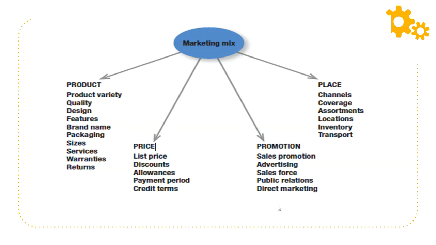Packaging is the external layer of your product, and it attracts your customer to purchase your product. What type of sizes you have in your product? What type of services you are offering to your customer? What type of warranties you have? If your competitor is giving 2 years warranty for the same product, you are giving 2 years warranty plus 1 year extended warranty. So that will be wow effect for your customer.